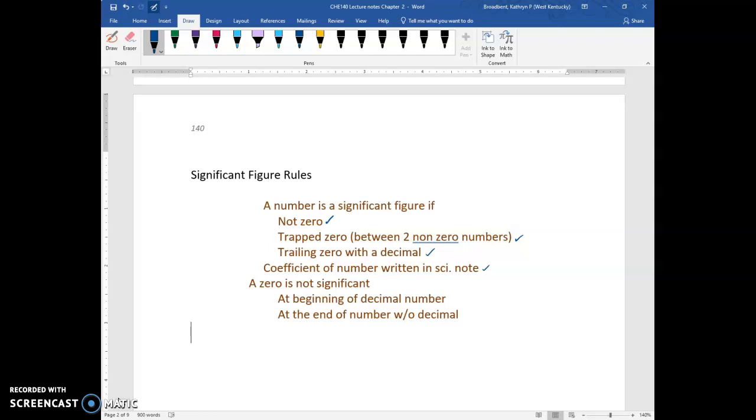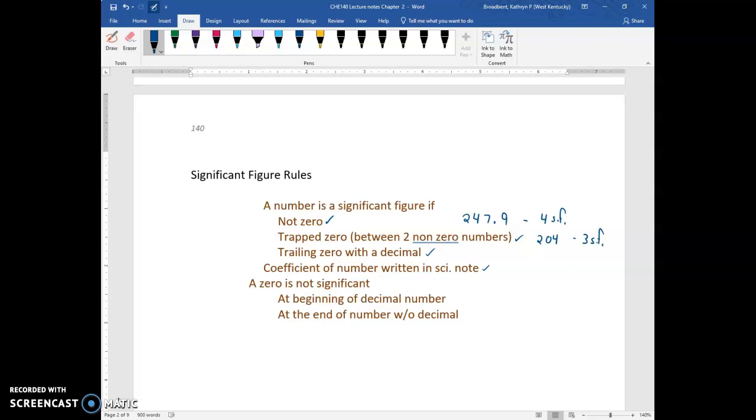So a number such as 247.9, we would call that number has 4 significant figures. It has 4 significant figures because they're all non-zeros. We consider a trapped 0, a number that's between 2 non-zero numbers, to be significant. So that would be something like 204 has 3 significant figures.